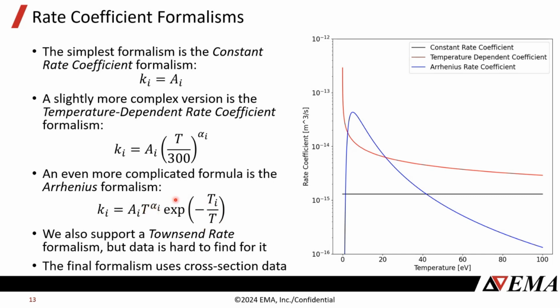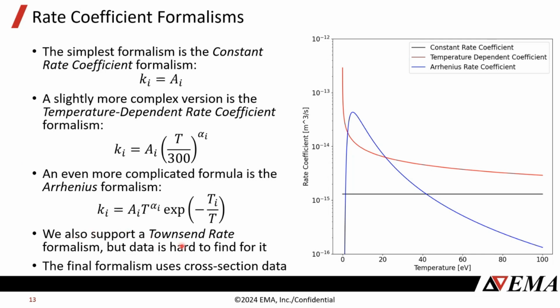And then we also have this exponential term where T sub i is one of the parameters supplied by the user. This can give you a shape that looks like what is shown in the blue curve here. And so you can see how it can both increase and decrease in magnitude. This formalism will typically be used for reactions that involve electrons, specifically electron inelastic reactions.